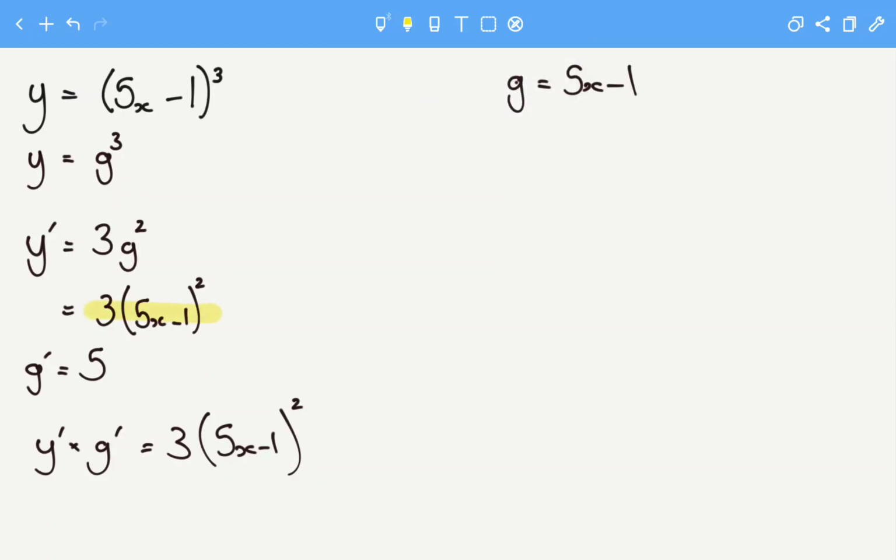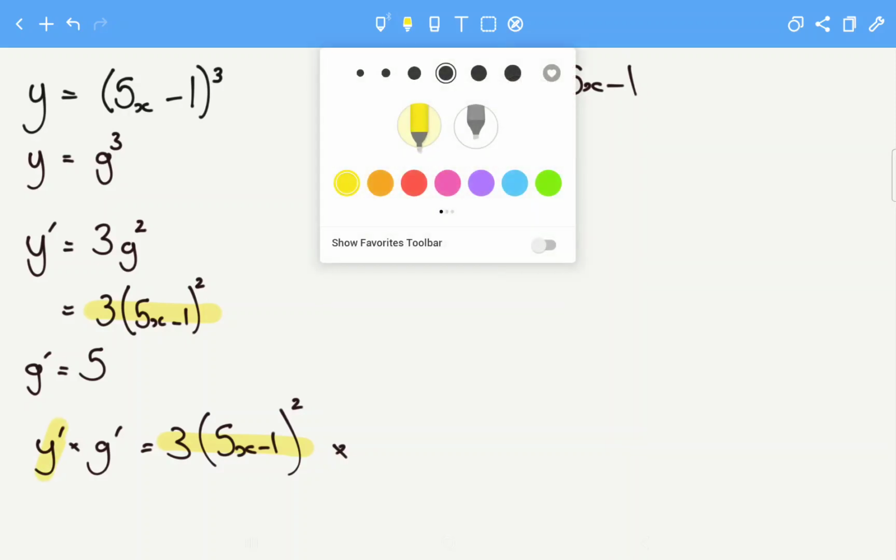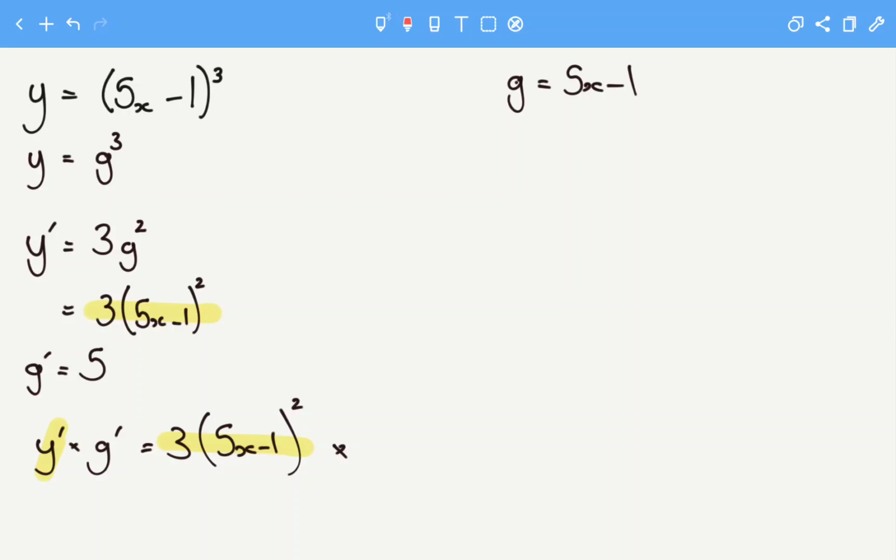So this is that, multiplied by the differentiation of g. So that's also that multiplied by this, which is just 5.